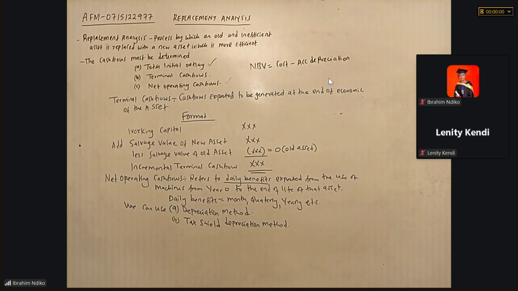I prefer the first one, the depreciation method, so that is what I will show you. Let us start with the depreciation method. I will go with just that one alone.